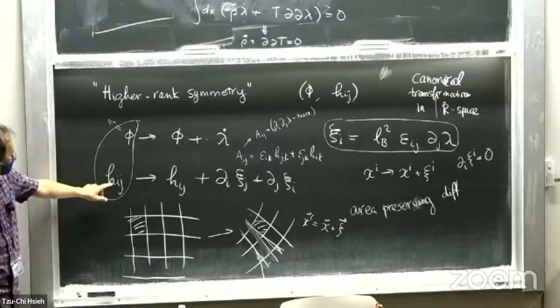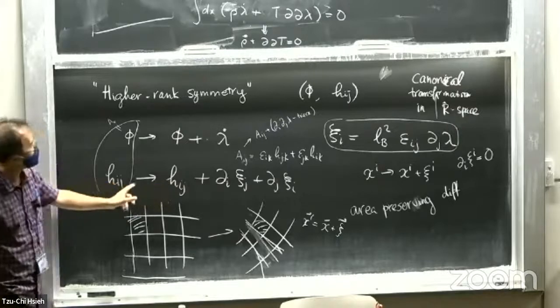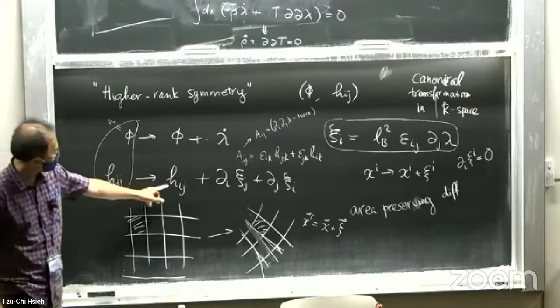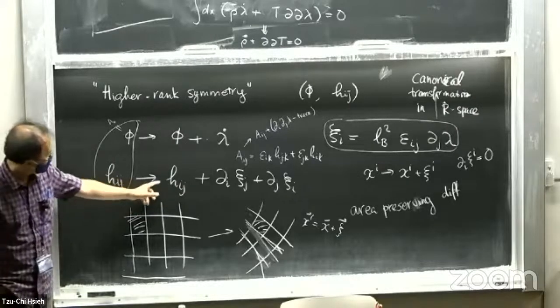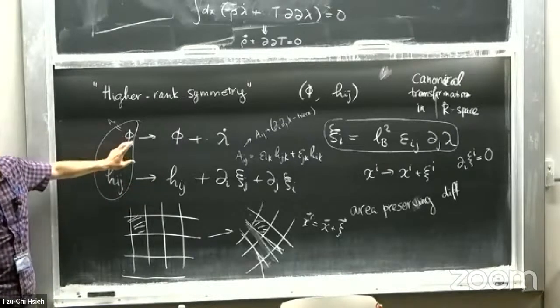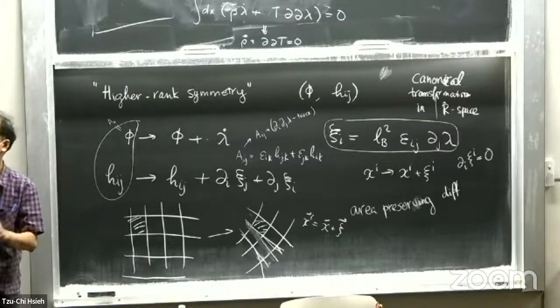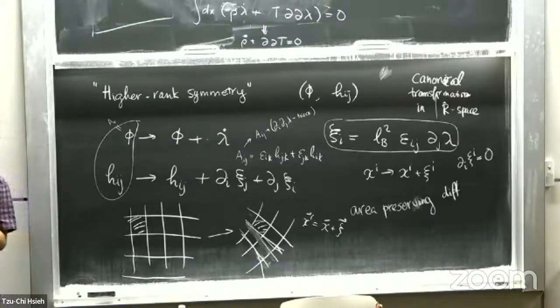It's in the response to the perturbation of the metric. So here you see that the response of the system to the metric perturbation is tied to the response to phi. I can find a formula in Haldane's paper that establishes that relationship.